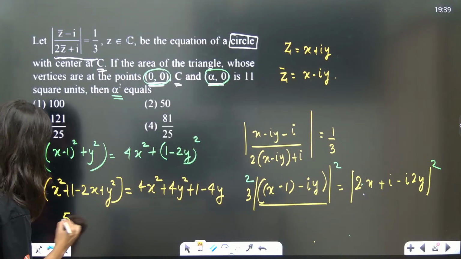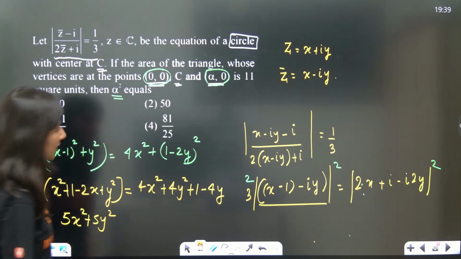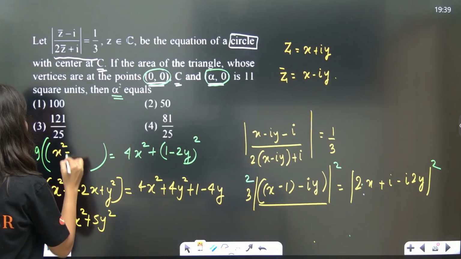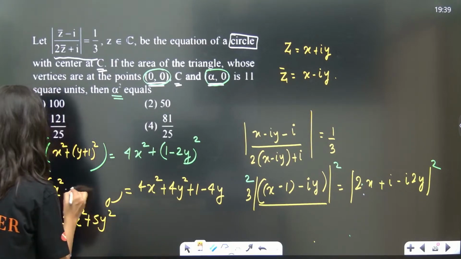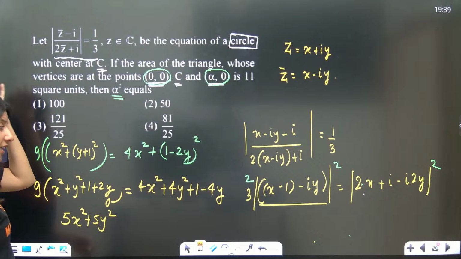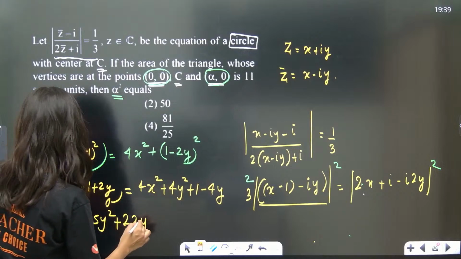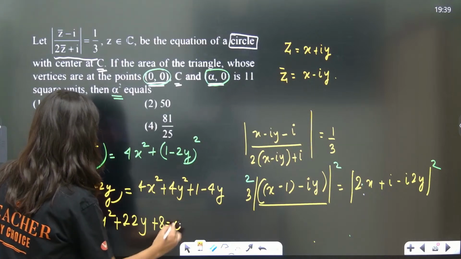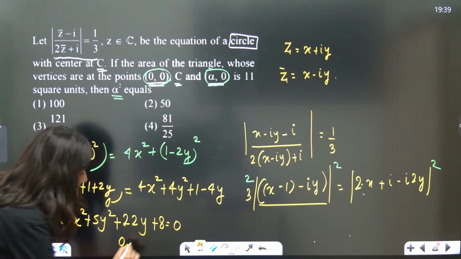Sorry, this is not correct. This is y minus 1, y plus 1. So x square plus y plus 1 whole square, so this is x square plus y square plus 1 plus 2y. So now just tell me, 9 2s are 18, 18 plus 4, so plus 22y. And is there any constant number? Yes, 9 minus 1, so plus 8 is equal to 0. Now the center of the circle, x coordinate is 0 and y coordinate is negative 11 by 5.